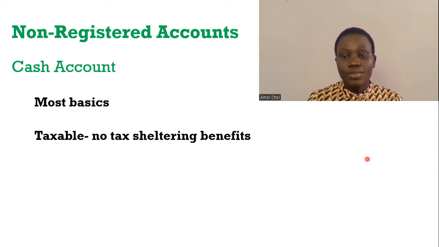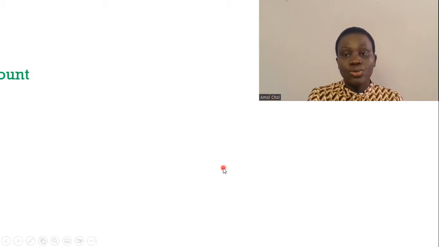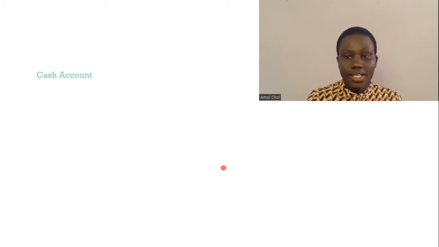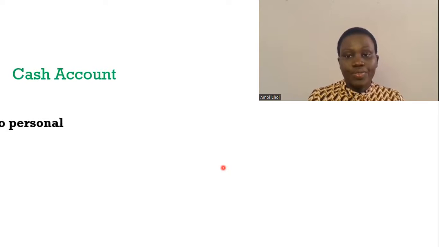For example, if you have a cash account with Questrade and you do your day trading or swing trading investment in that account, any dividend, any interest, anything that you had from there has to be added to your regular income. You can report to the government that you were making money on the side with the cash account, and this is the amount of money that you had.